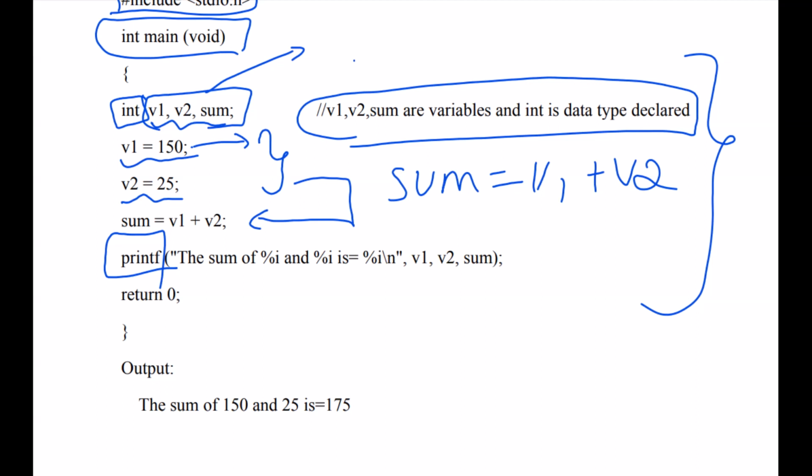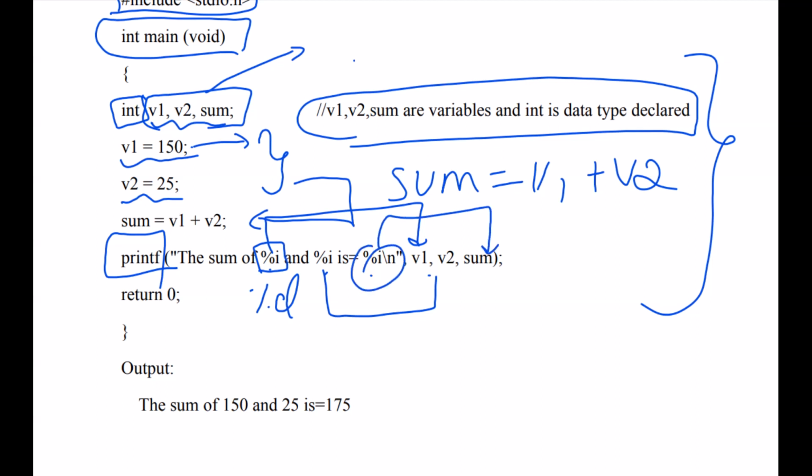So now, the sum of %i and %i is %i. Either we can take %i or we can take %d for the int data types. In the sum of %i and %i, the first %i refers to v1, the second %i refers to v2, and the third %i refers to the sum.